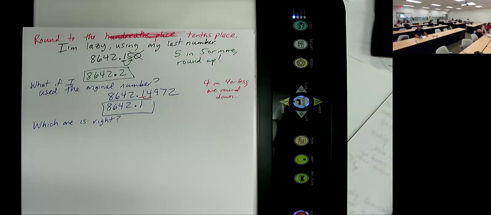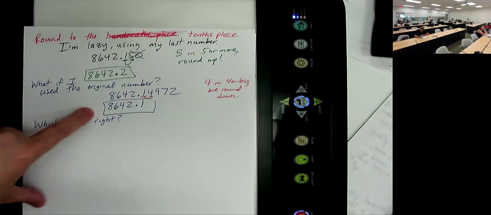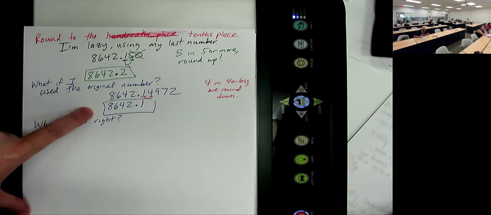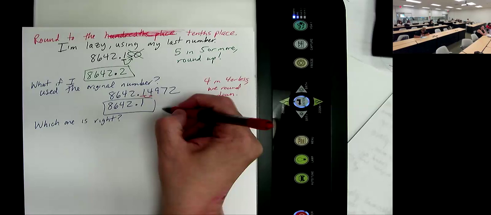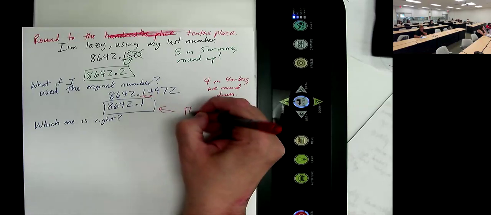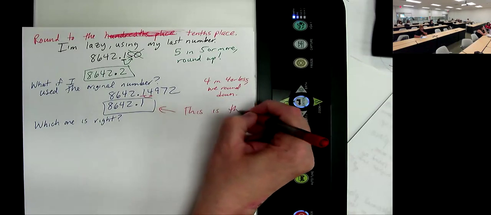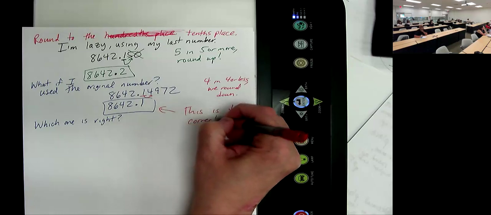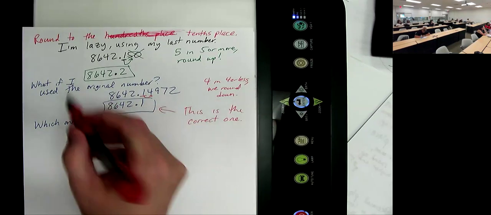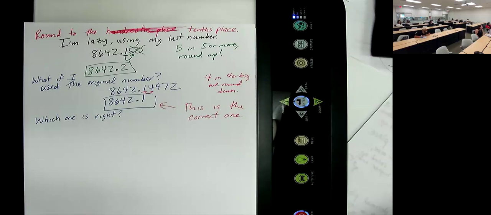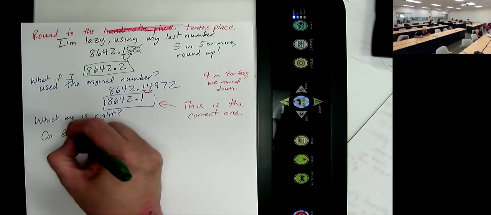It's about half and half. Well, it's actually the second one. What? This is the correct one. Hold on one second. It's 8642.2.